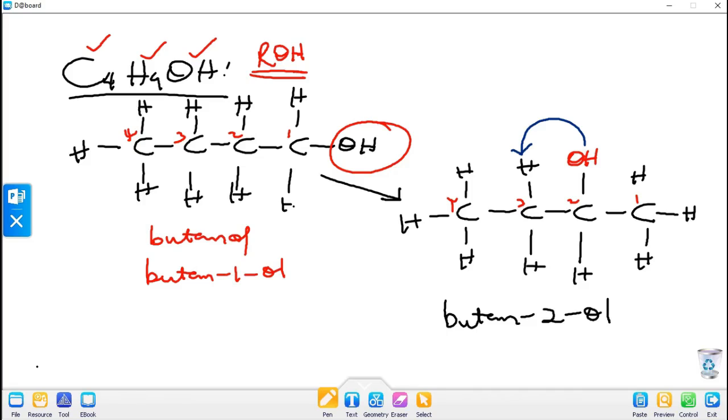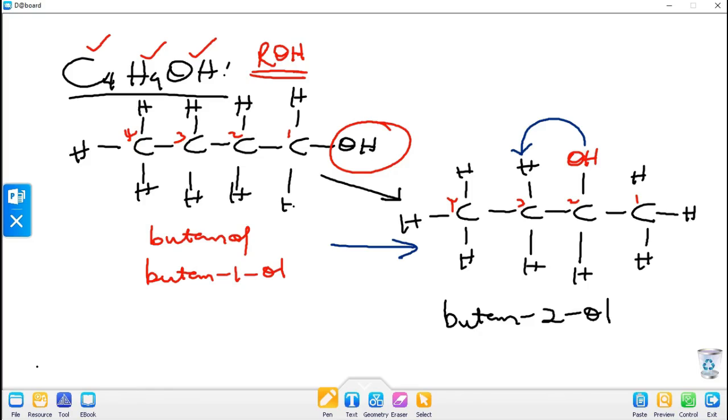If we shift the OH now to the next carbon atom at the left-hand side, automatically we are not going to start counting again from the right. Our counting is now going to shift from the left, because the rule says in numbering we have to number from the side that will give the functional group the lowest possible number.